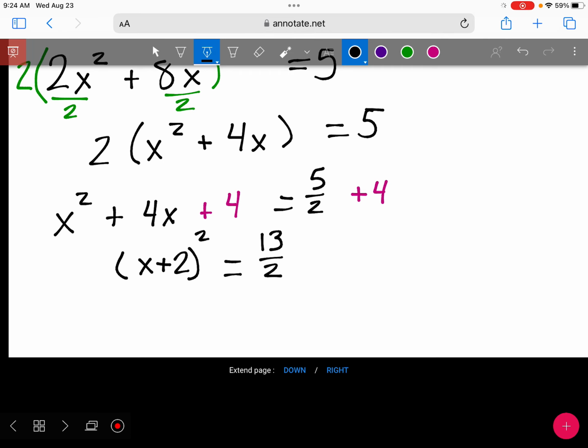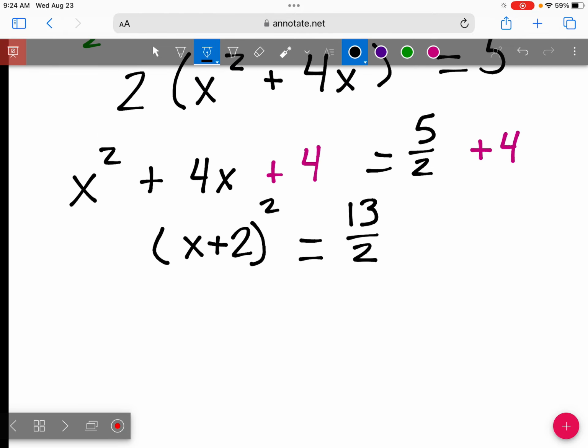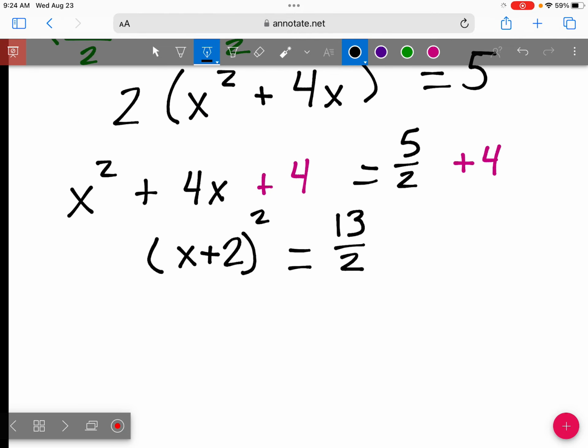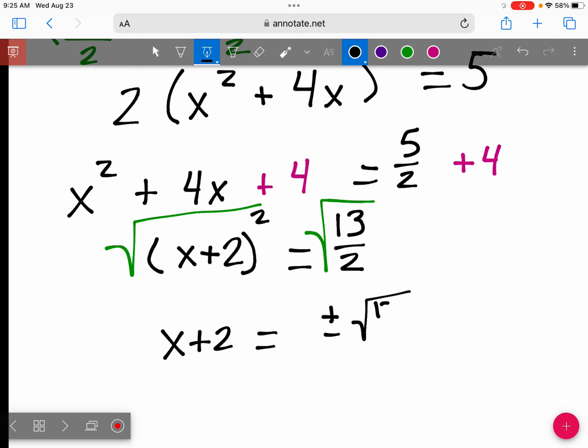So then we have, need more space. Okay. Square root both sides. So we get x plus 2 equals square root of 13 over 2. We're just going to leave it like that because neither one of those is square rootable. I'm sticking with it. It's my new word today.